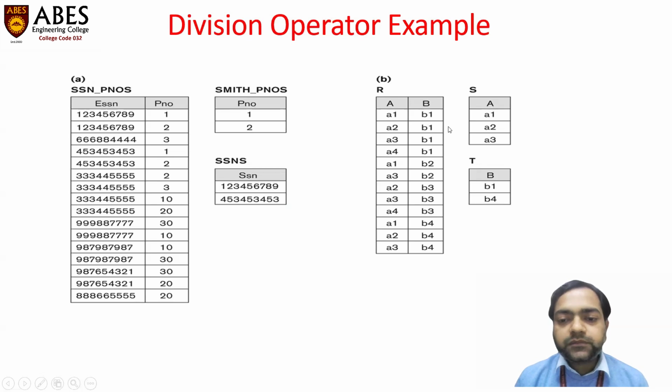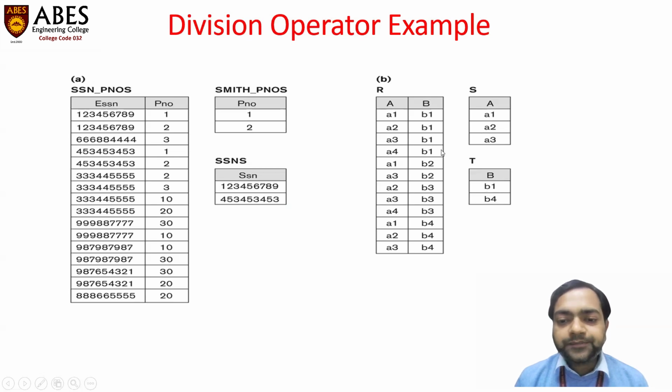So which value of B will cover A1, A2, and A3, all three values of A? If we talk about B1, B1 will have A1, A2, and A3 also. So here we will add B1 as a tuple in the resultant relation.